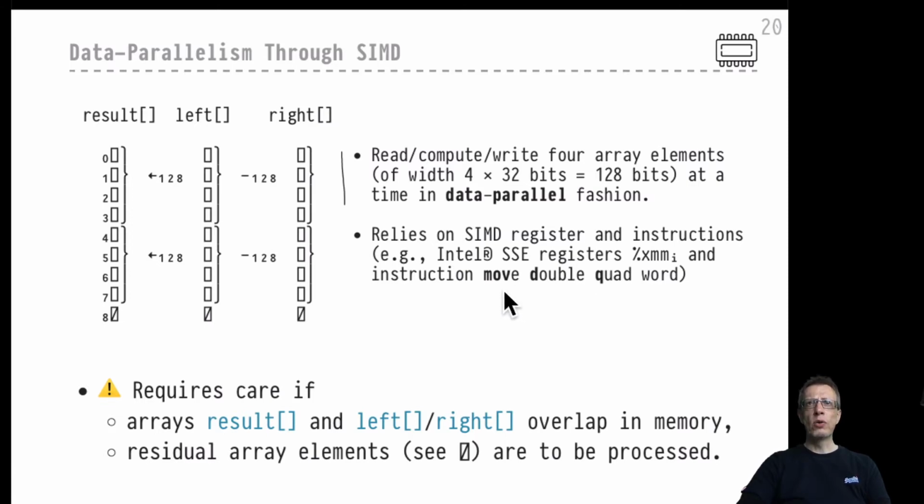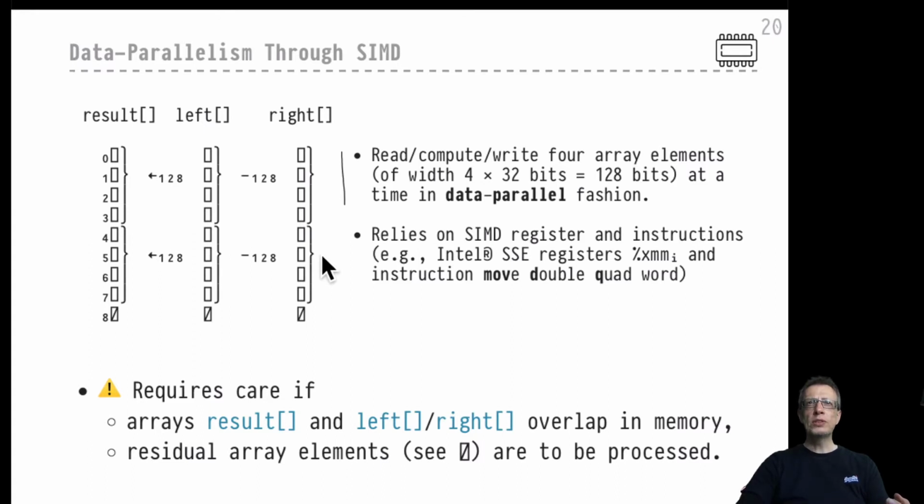So when we look at the generated assembly code in a minute, we will see abbreviations, strange instructions, names like move double quad word, and this is exactly what's happening here. A quad word would have 64 bits. We are even moving a double of that, like 128 bits at once, and perform arithmetic on 128 bits at once. Okay.